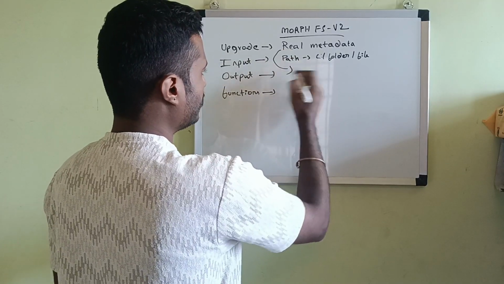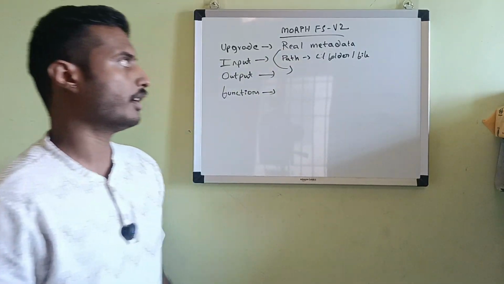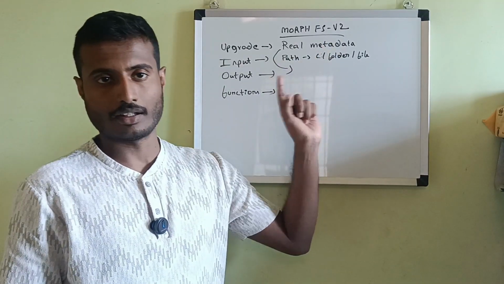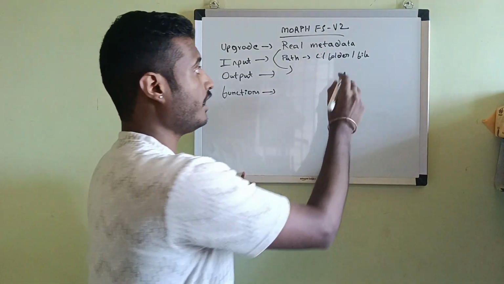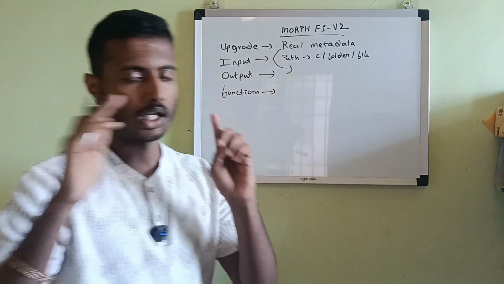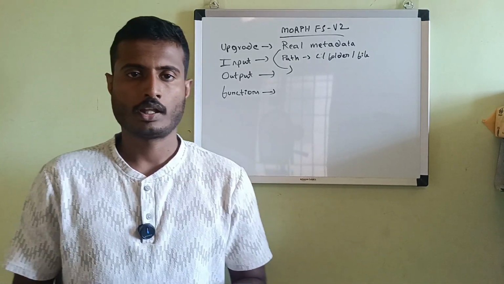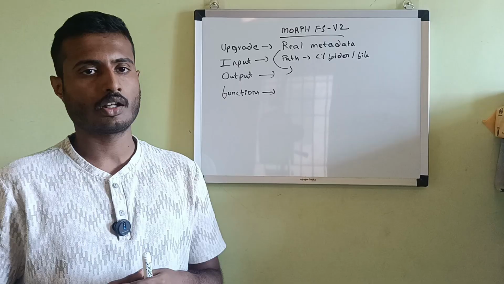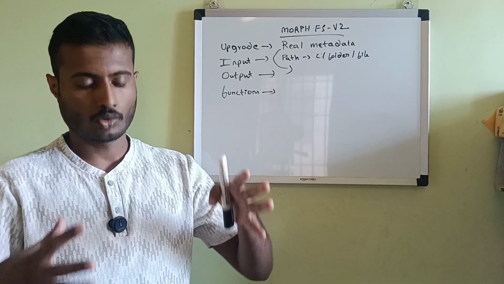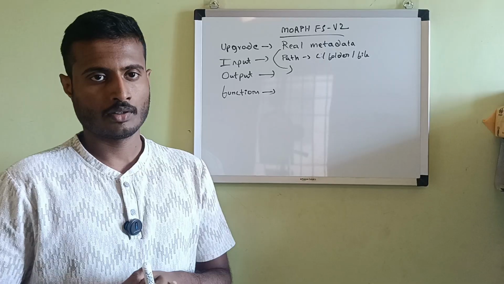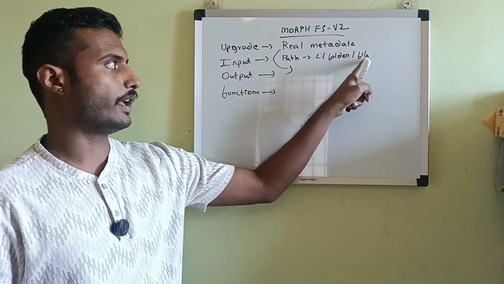Again, this is the output that we are expecting: metadata. And if you remember the concept of the struct, I have told you why we use struct: to group and keep every related information together, because it's all part of one single file, right?